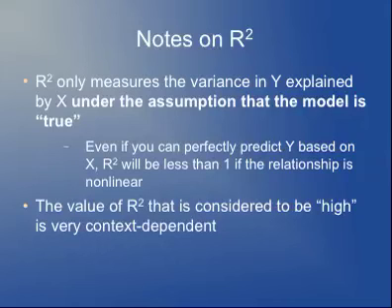And the value of R squared that's considered to be high is extremely context dependent. I sometimes get collaborators that say, well, the R squared is only 0.3 or whatever. That's a really weak association. Well, it depends. To give one extreme example, if you're converting between Celsius and Fahrenheit, any R squared less than 1 is totally unacceptable, because you should be able to do that with perfect accuracy.